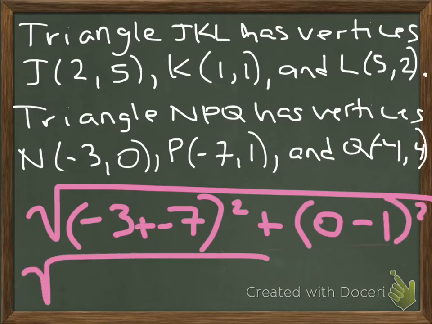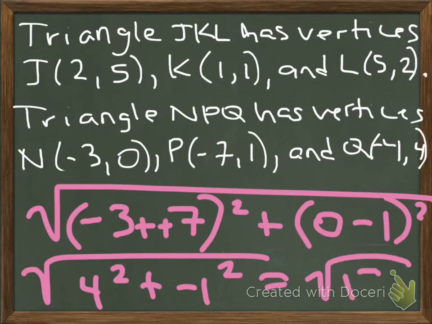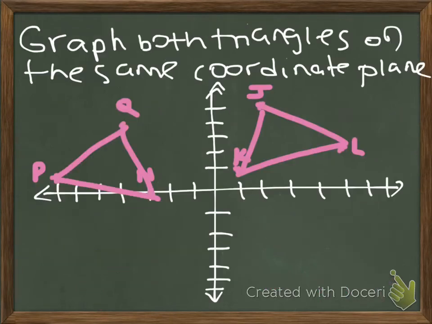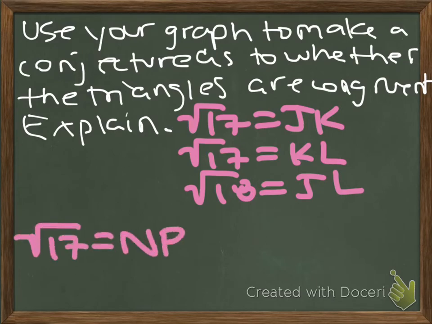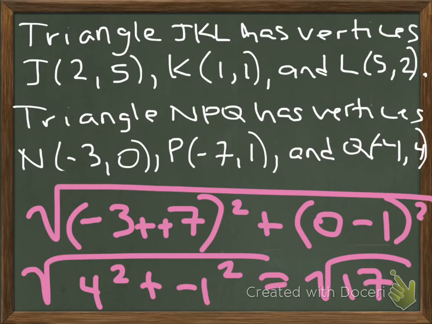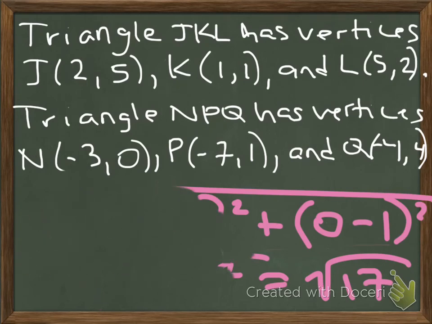That gives us negative 3 plus 7, which is 4 squared, plus 0 minus 1 is negative 1 squared, so 16 plus 1, or the square root of 17. So NP is the square root of 17. So we're on the right track here. Looks like they might be congruent. We'll see. Now we need to keep going.